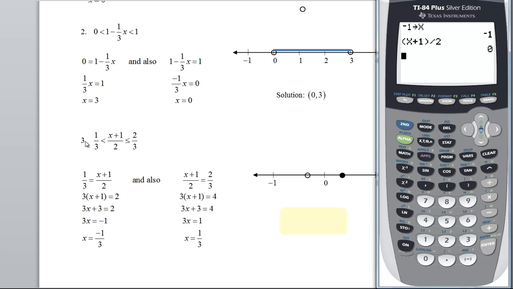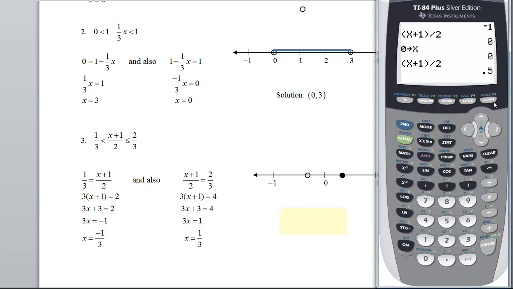So 0. Is 1/3 less than 0? No. So I do not shade that section. Let's try 0. So 0, storing for x, if you need to. Some people like to use their calculator. If you put 0 here, we should end up with 1/2 for the middle. Let's see.